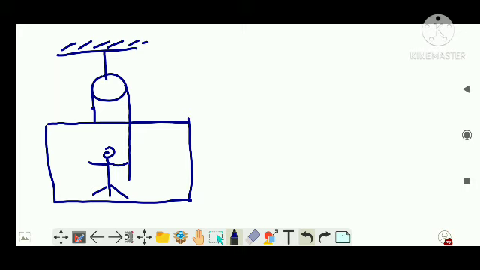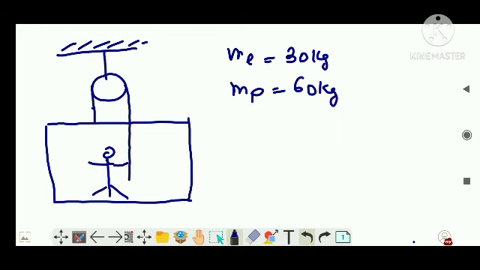Let's say the mass of the lift is 30 kilogram and the mass of the person is 60 kilogram, which is very odd, but it's okay. Don't look at the numericals. I don't make any sensible numbers. Understand the question.